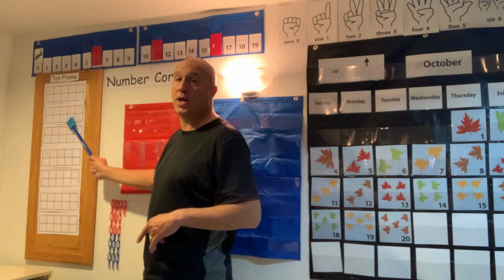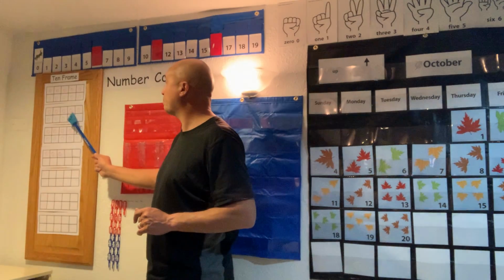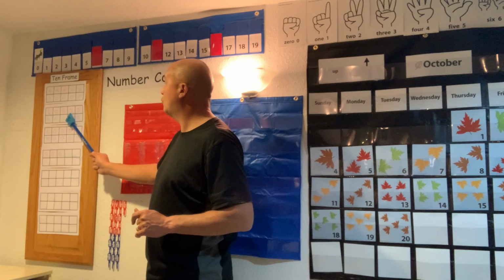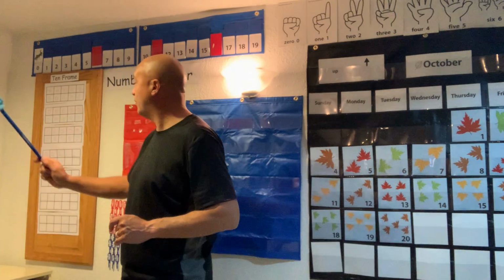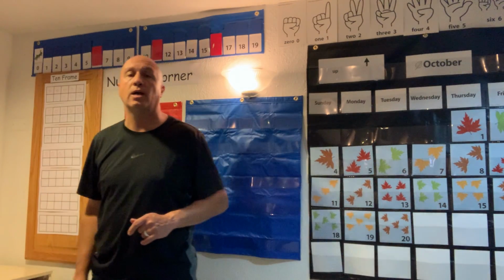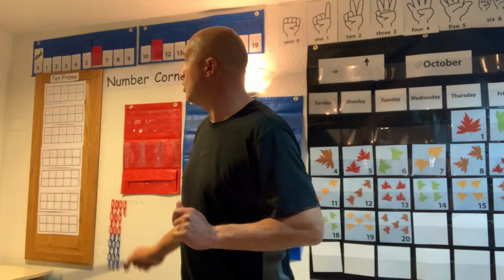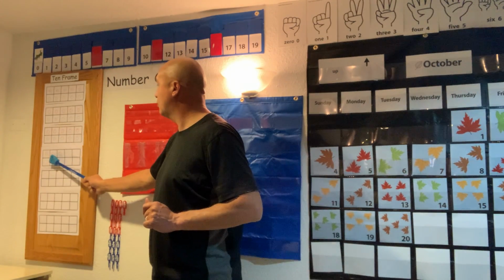And here's another 10 frame. Now remember, this matches our days, or how many days we've been in school. So 10, 20, 30, and yesterday, if you can see it, I'll have to move the camera just a minute. Yesterday, we wrote the number 33. I'll show it to you in just a second. So we had 33 days of school, and there's 1, 2, 3.